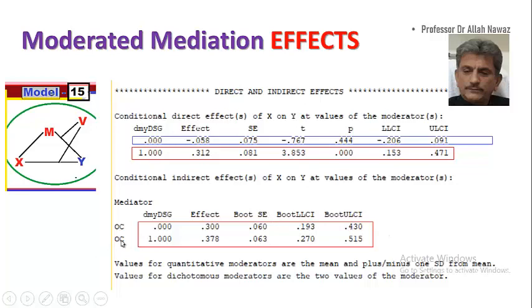Likewise, when it is the officer in the presence of organizational culture, the effect is 0.378 and it is also significant. Now, it shows that with the help of organizational culture, both officers as well as the staff members get some opportunity to use their self-confidence in positively affecting their performance.